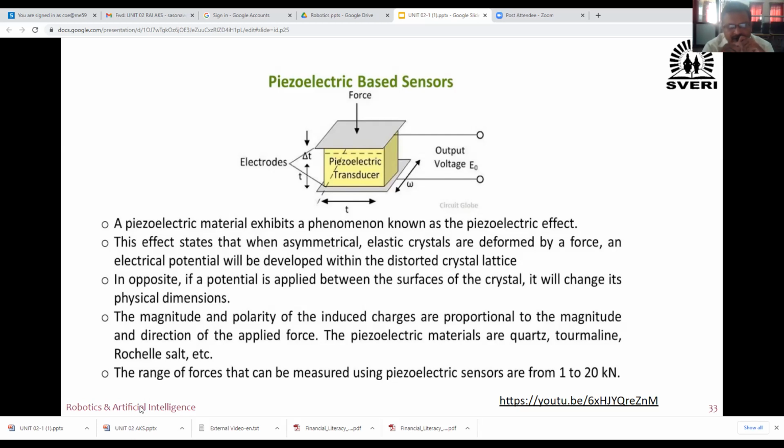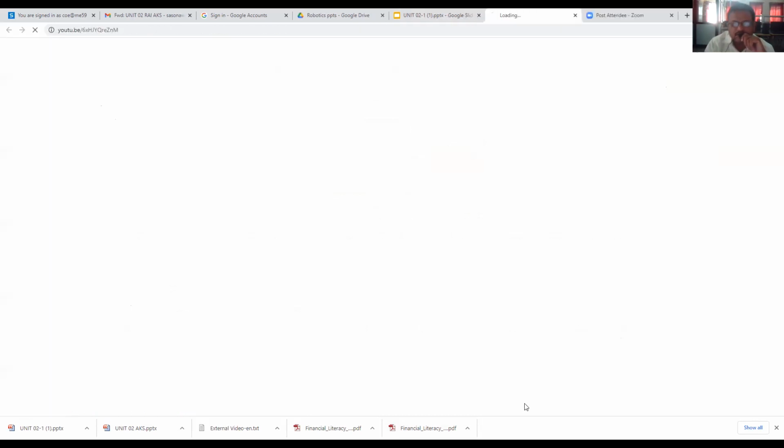Through the piezoelectric crystal that voltage is generated, and that voltage is directly calibrated in terms of the vibration values, and you are getting different values of the vibrations through this accelerometer. Therefore, in the accelerometer, this piezoelectric crystal is there. We'll see the video.